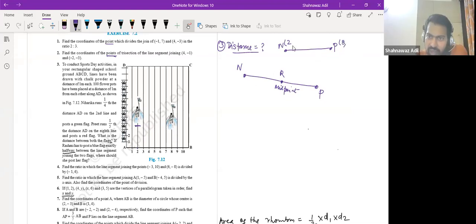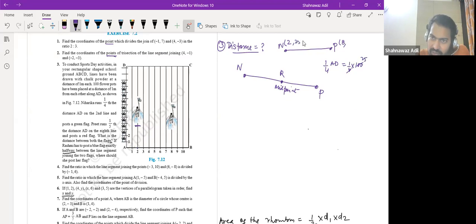So now we know x1 and x2. But what is the y coordinate? So how much is this distance? This is 1 by 4th of AD, and AD is 100 meters, right? So 1 by 4 of 100 is 25 meters.